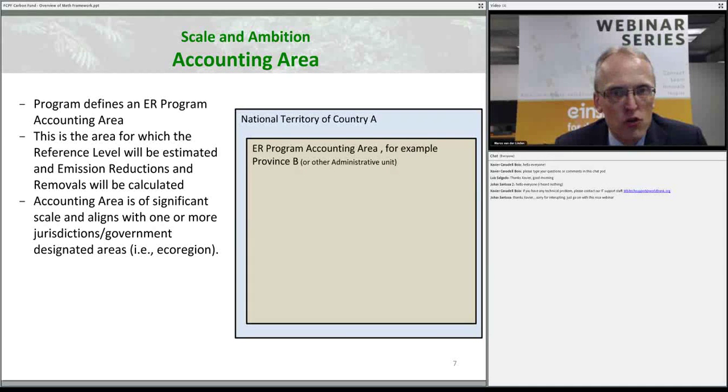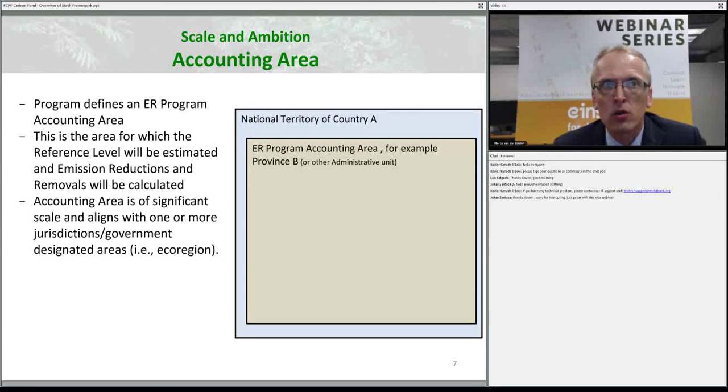So if we have a country A, you would define an accounting area, let's say that gray part on the slide, and that will be the area where you would do your reference level, your MRV, and your activities. Now, the methodological framework requires that the accounting area is of a significant scale and aligns with one or more jurisdictions or government-designated areas.